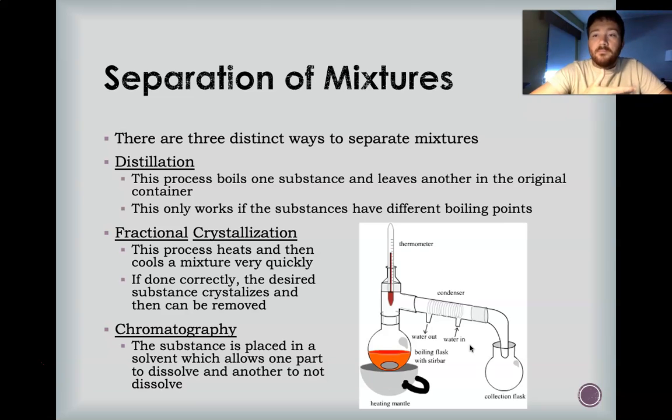And so the water would boil and leave the Kool-Aid in the original container you had. The water vapor would go up the tube, cool through the condenser, and then the water would go into the collection flask, and the Kool-Aid would be left here.